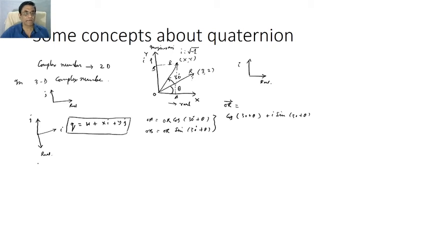Now say we are trying to extend it to 4D. That is what Hamilton did actually. In 4D, how do we represent a complex quantity?